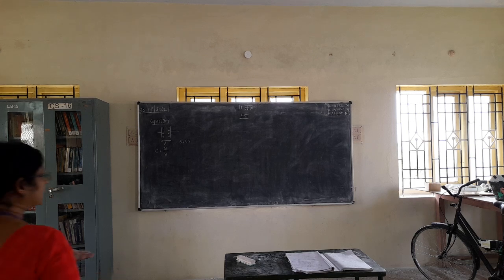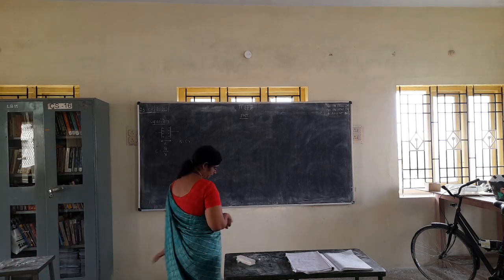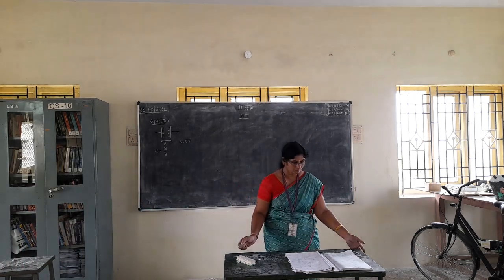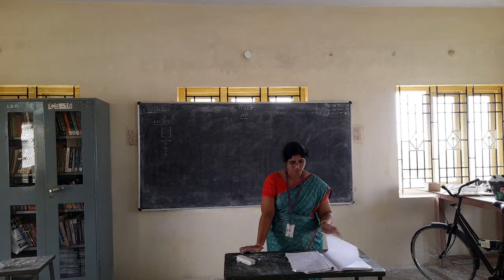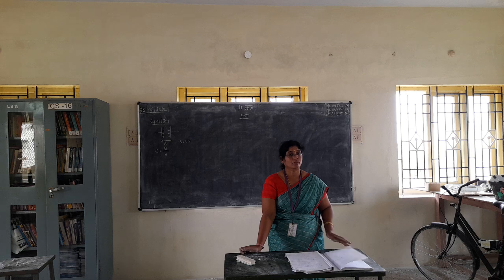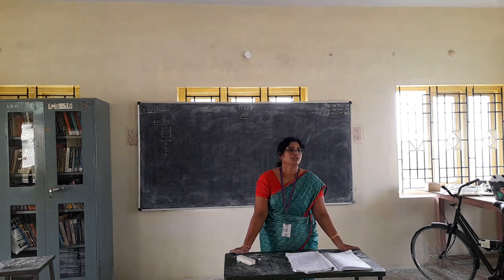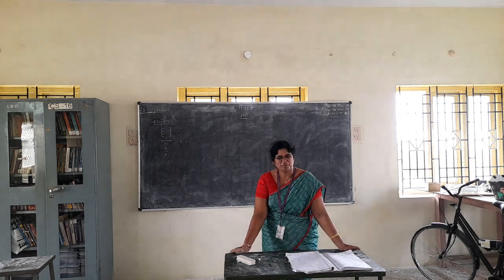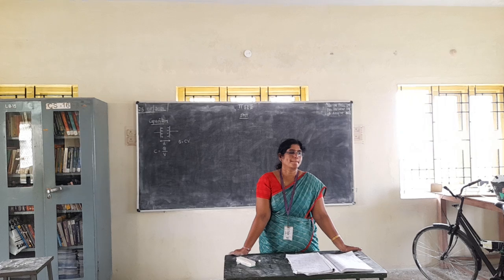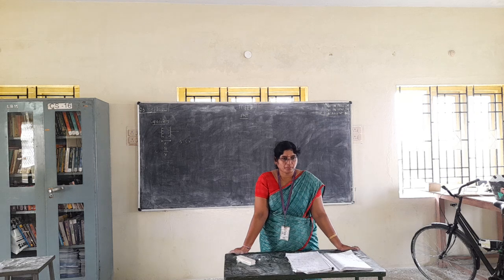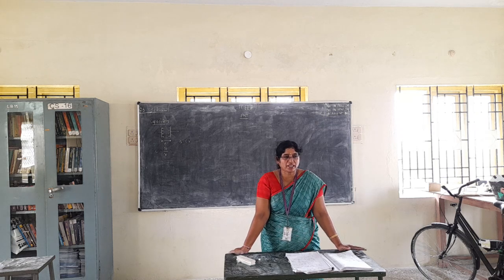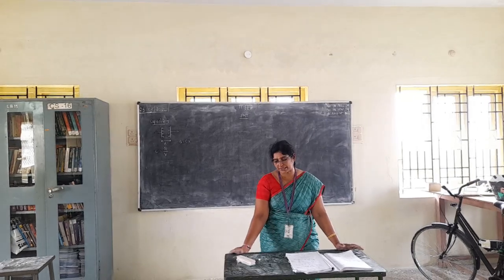So what is called as a capacitor? Capacitor means it is a medium which has two conducting mediums which have opposite polarity separated by a distance. We call it as a capacitor.